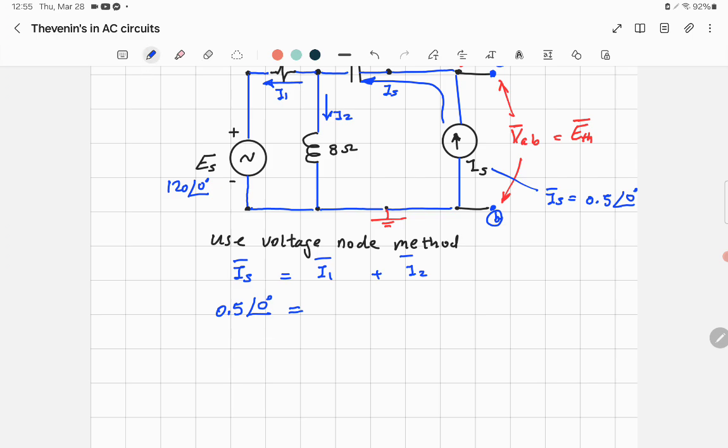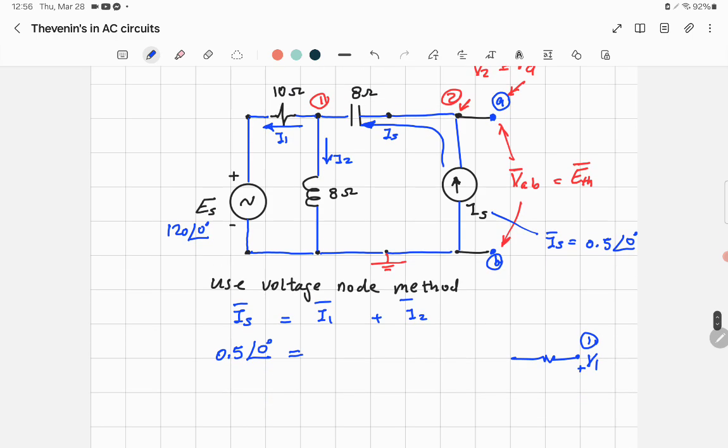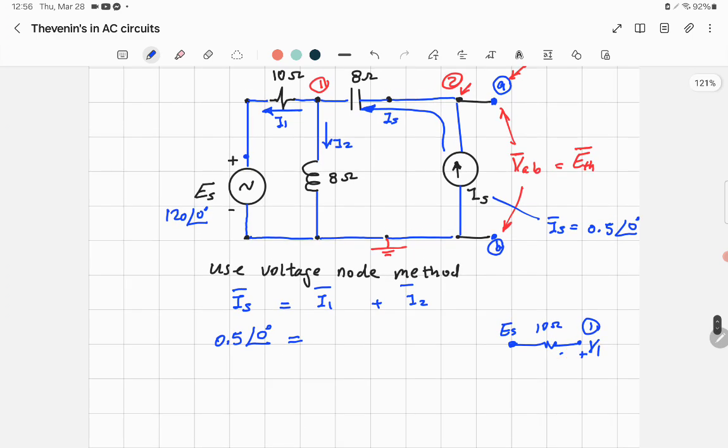You have one node, that's node 1, and the voltage at node 1 is V1, and you have a resistance equal to 10 ohm, and on the other side of this node, the voltage ES. The current I1 is going in this direction.